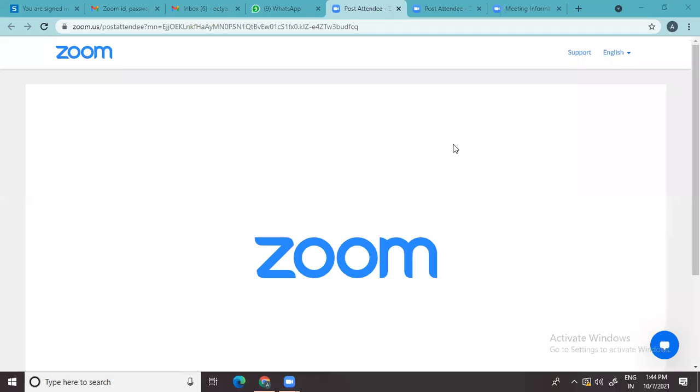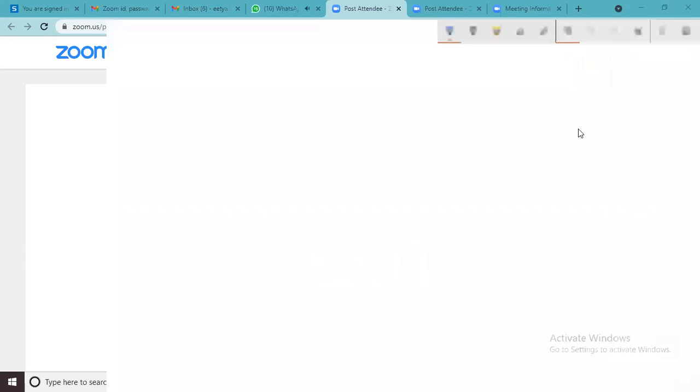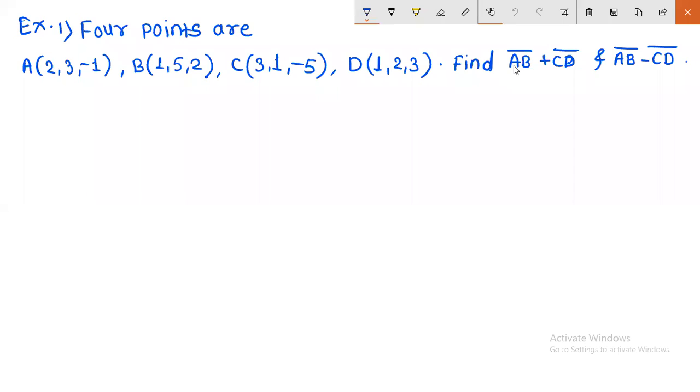Okay, not present. Renuka, roll number 16, Renuka Chirsagar. Yes, ma'am. Okay, so do you understand whatever I teach? Yes or no? Yes, ma'am. So if you get everything, can you tell me the procedure for finding this example? How you can find this AB bar, CD bar and its addition?